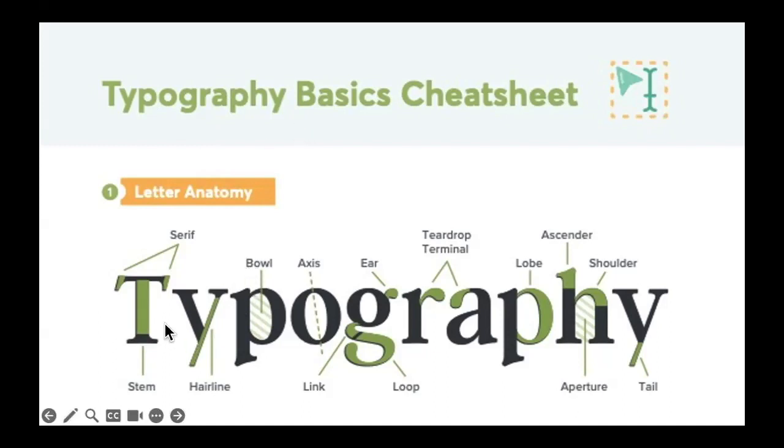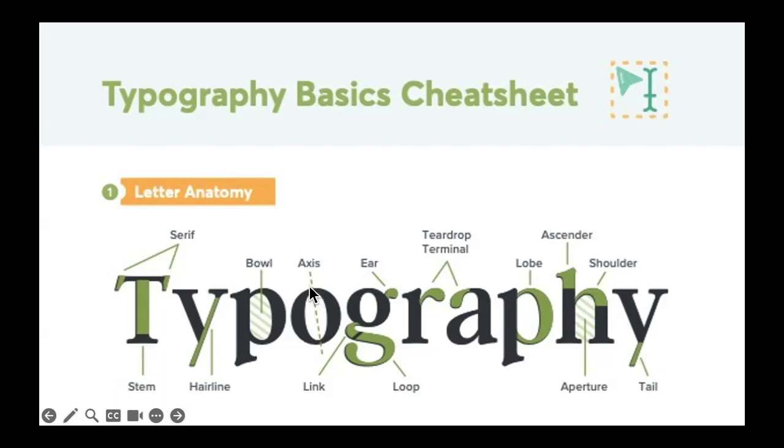Moving on. There are a lot of terms here that I don't expect you to know unless you decide you're going to be a designer of typography. We have the stem, and when there's a really small line, it's called a hairline. The little circle on P and O and all of these different ones that have a closed circle is called the bowl.